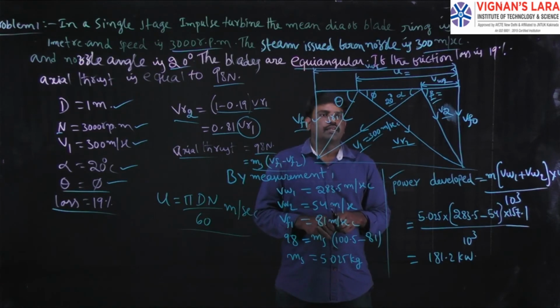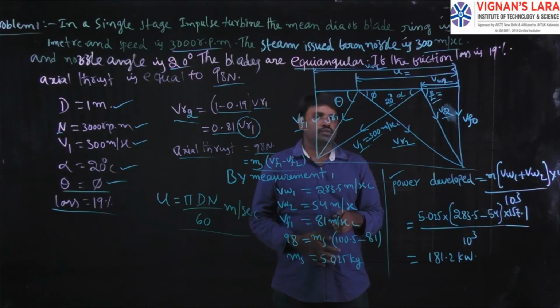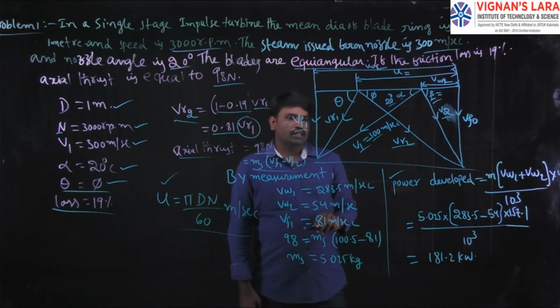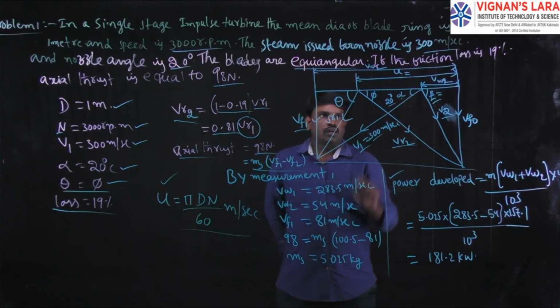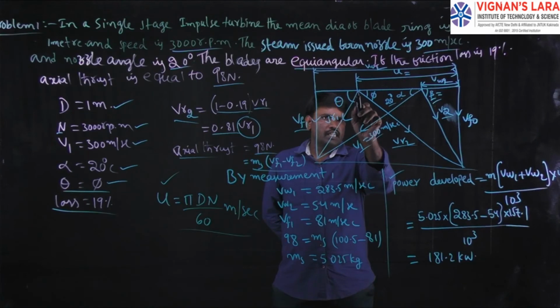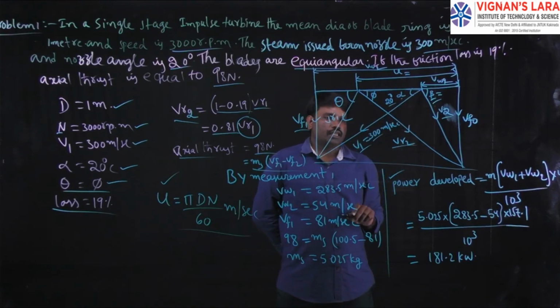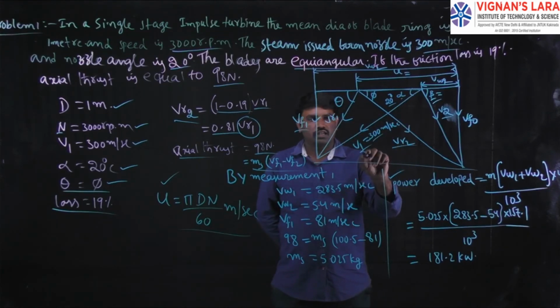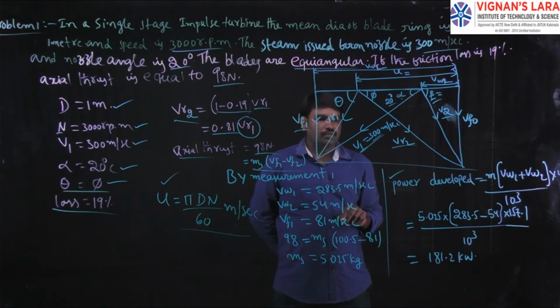By taking the suitable scale, first you have to calculate the blade velocity u. After calculating the blade velocity, you have to draw the line with the blade velocity. After that the given condition is alpha equal to 20 degrees and velocity is 300 meter per second.